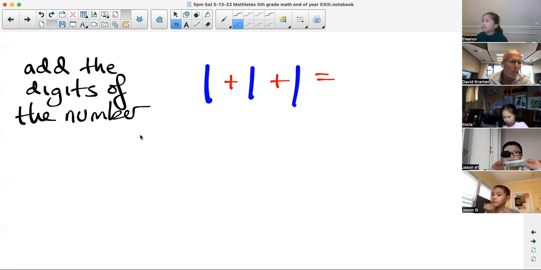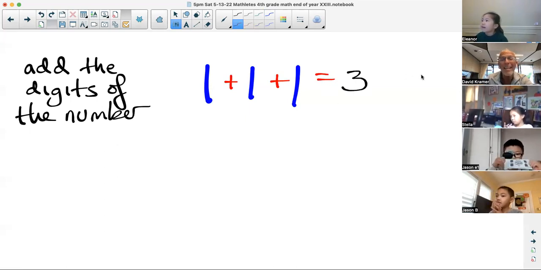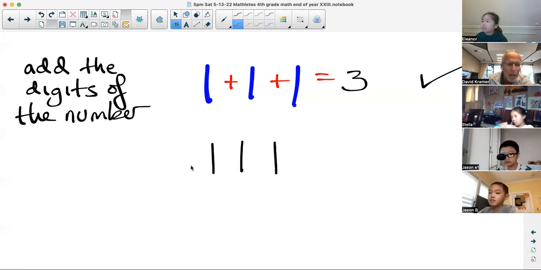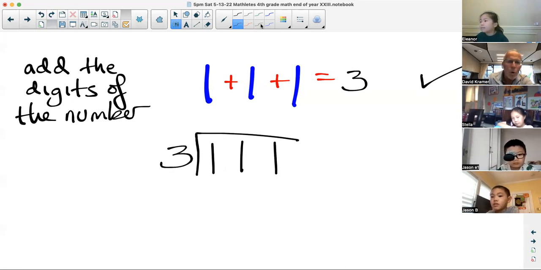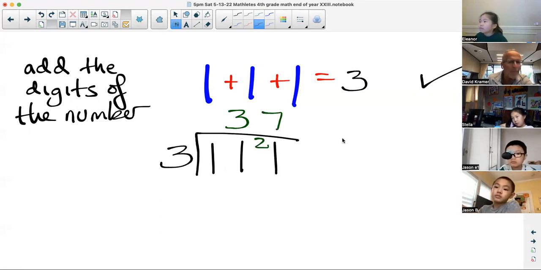What do we get? 1 plus 1 plus 1 equals what? 3. Guess what? It is divisible by 3. And watch this. Jason E, it would be great if you looked up at the screen because great things are going to happen. So 3 goes into 11 3 times, remainder 2. 3 goes into 21 7 times. And we know that it works.